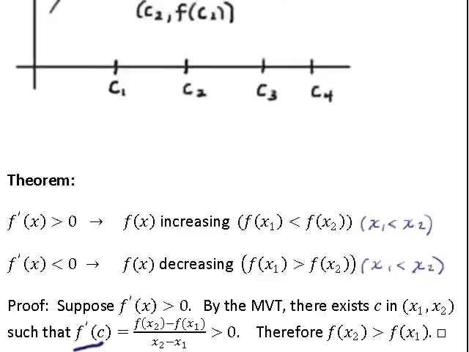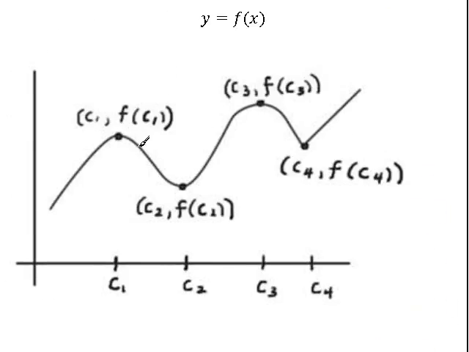Now back in this picture, at these three max-mins, it looks like f prime is equal to 0. Here it looks like the tangent line is horizontal here, here, and here. At c4, the function comes to a sharp point, so here it looks like the tangent line doesn't exist, or f prime of c4 does not exist.